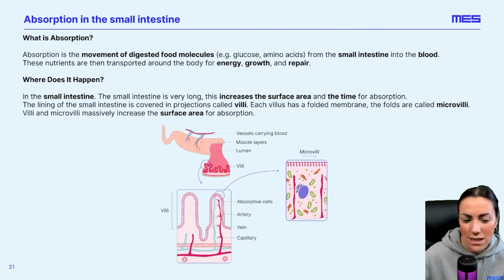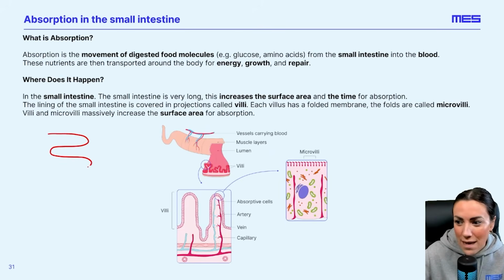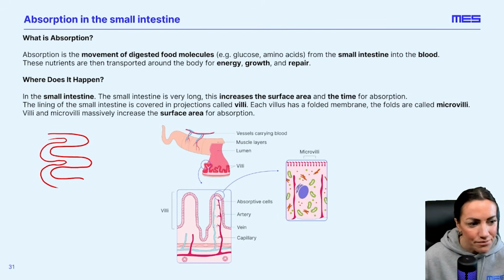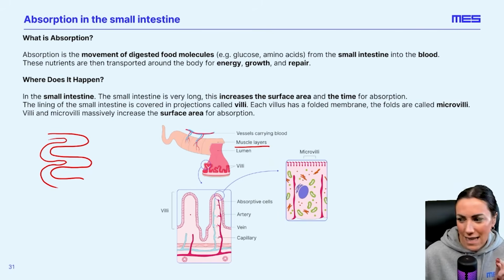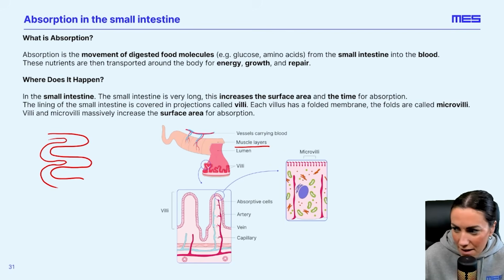So here is our small intestine, which is basically like a big tube, isn't it? A big tube that folds round like this in our abdomen. So you can see a portion of it here. It's surrounded by layers of muscle, so it can help to move and churn the food. But if we look inside the small intestine and we look at the inner lining or the inner wall of the small intestine, you can see it here.